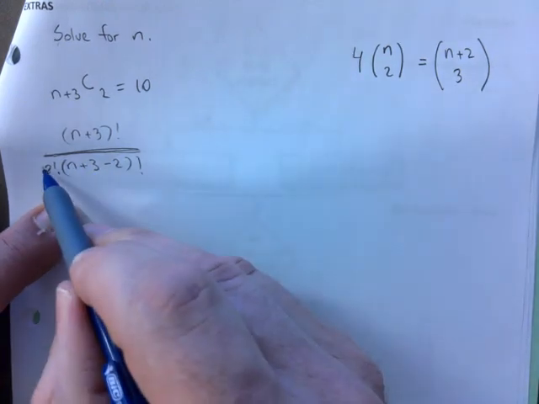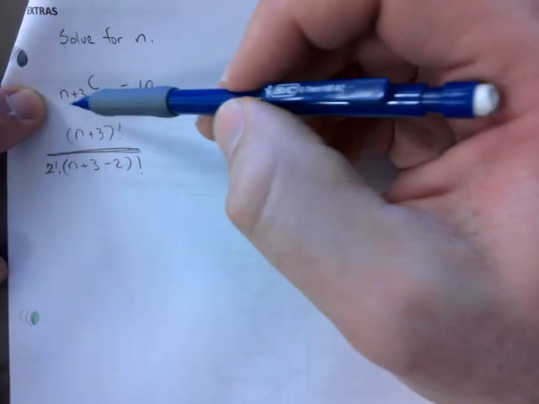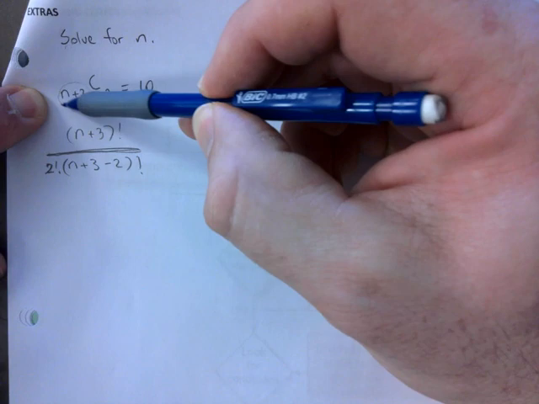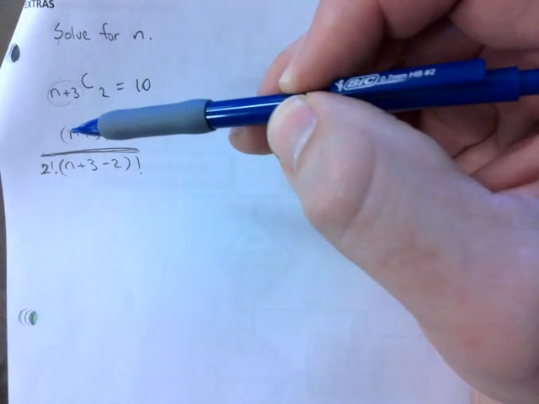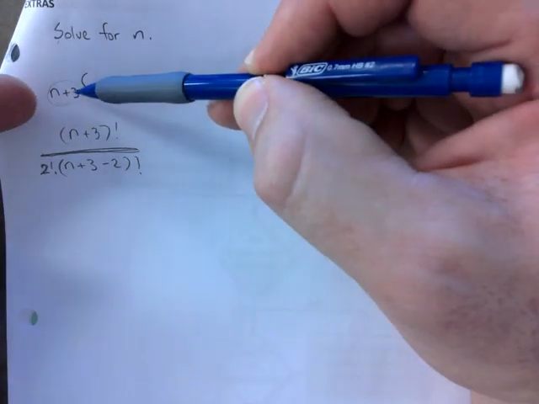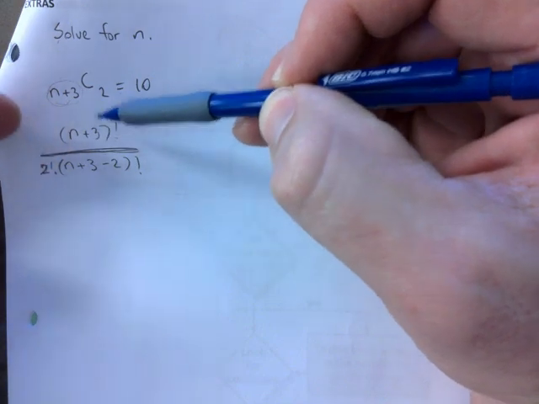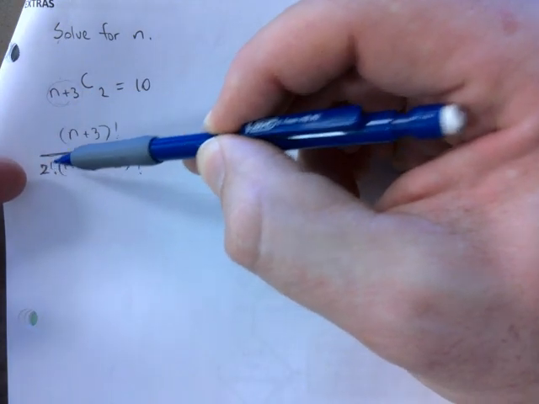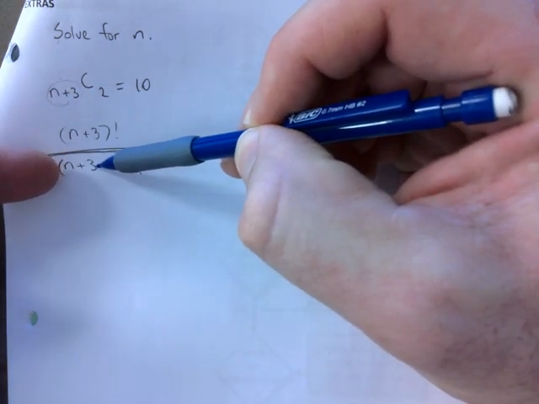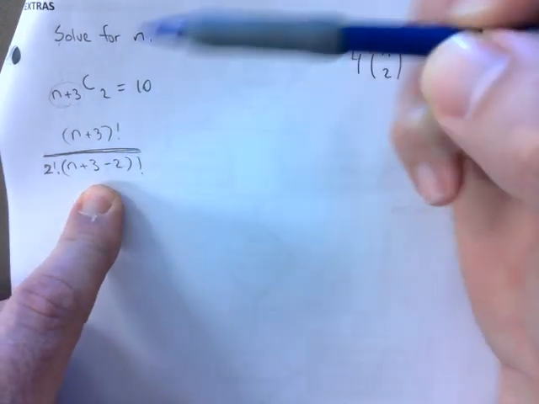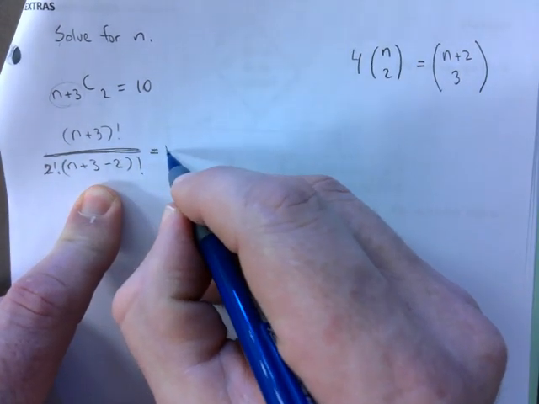So essentially, I don't know if you remember I explained it like whatever this is almost like our n in the formula, right? So this is n, and then this is r, and then it's n, which is n plus 3 minus 2, like this. And don't forget that's equal to 10.